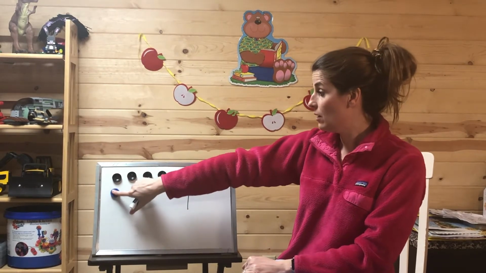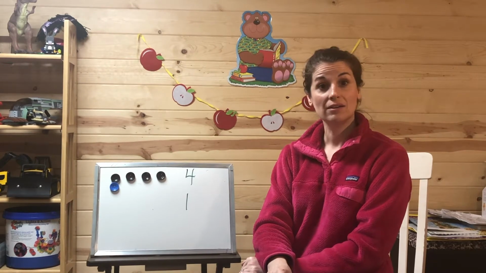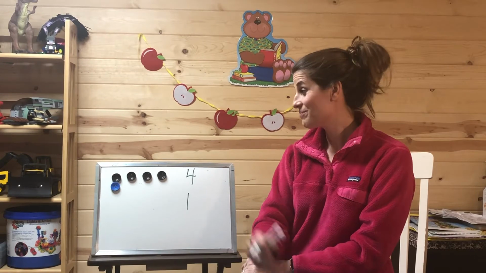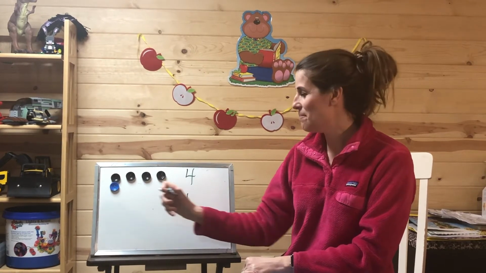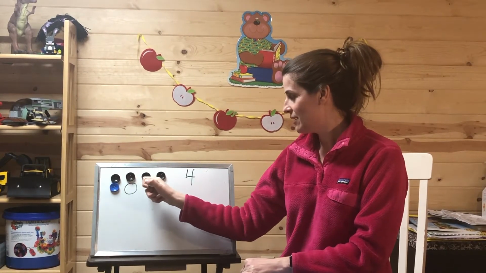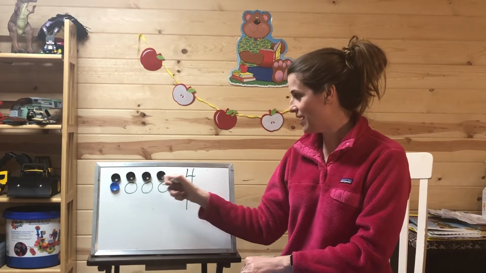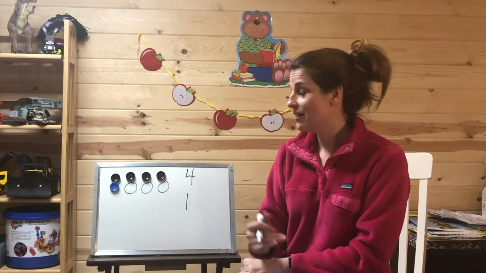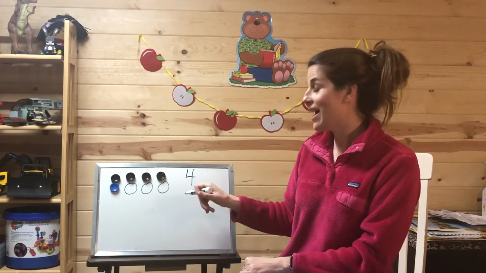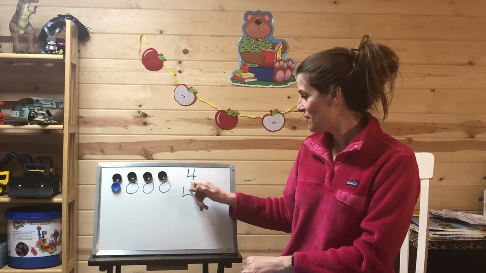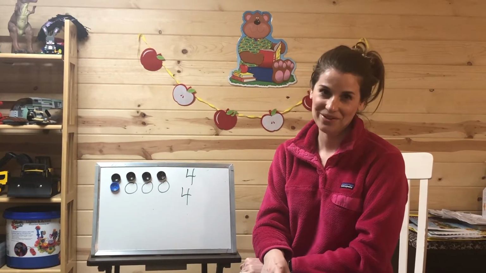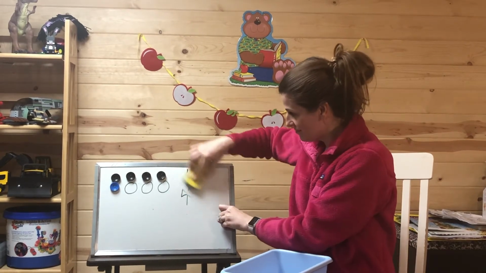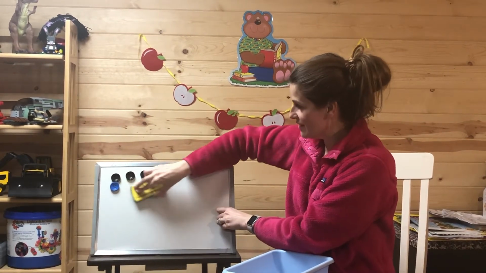Let's see. Ooh, he has a buddy. But how many don't have a buddy? Did you say 3? Good job. 1, 2, 3. So if I add 3 more to 1, both rows have 4 and are equal. All right. Erase, erase, erase.